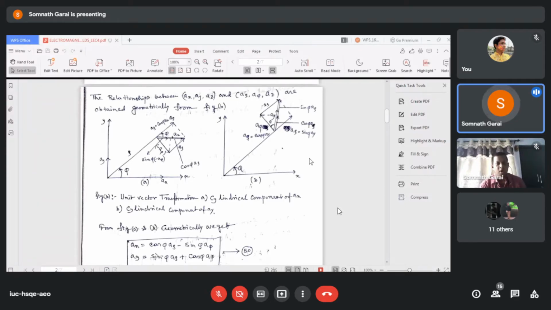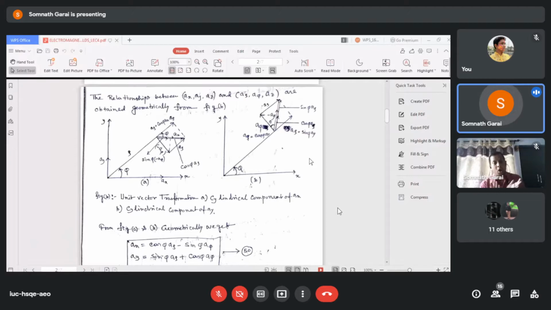Okay, the value of ay has a vertical direction, but a phi and a rho are not exactly vertical. If a phi and a rho were exactly vertical, then ay would equal a phi plus a rho.